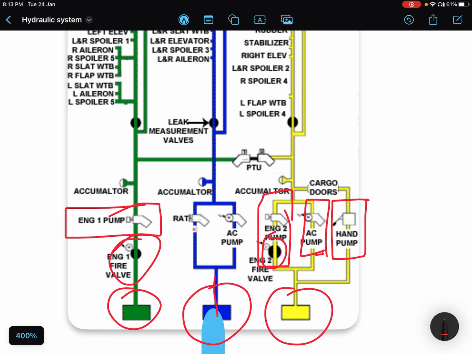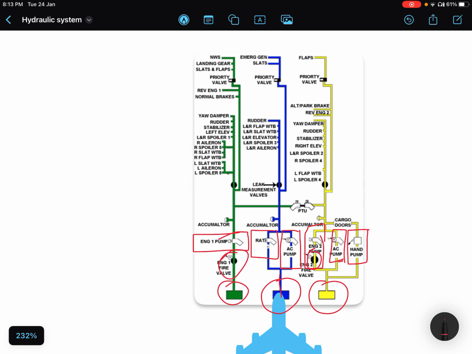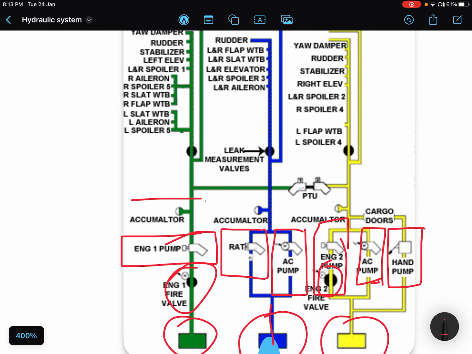For the blue system we have an electric pump and a ram air turbine. We will discuss each pump one by one, but now we are just going through the schematic diagram of hydraulics. Then further downstream we have the accumulator. What are they, how do they function, we will talk about them, right?